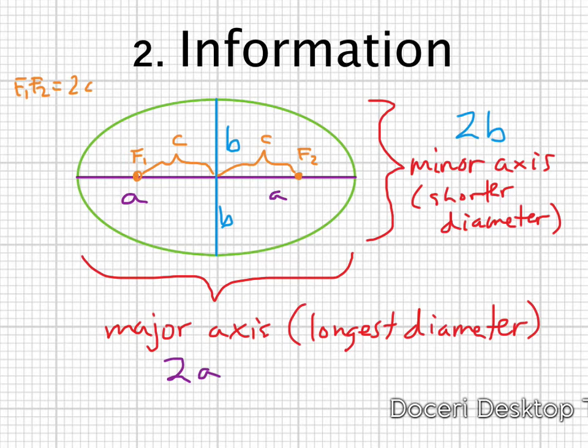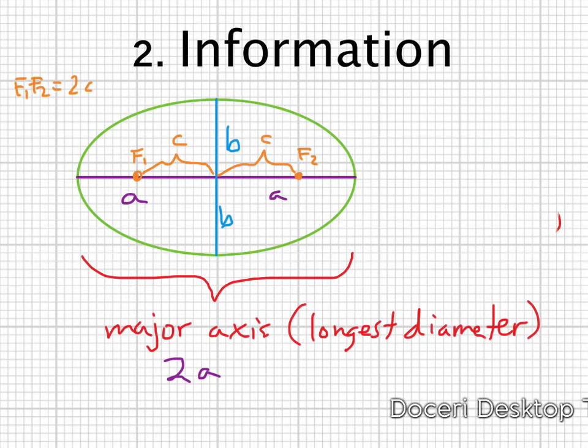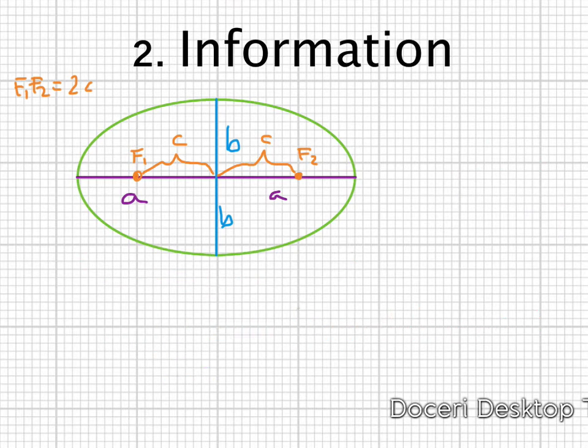Now, one piece of information that we should have talked about in our investigation is the eccentricity. The eccentricity of the ellipse is how squashed, or some teachers say how round, the ellipse is.